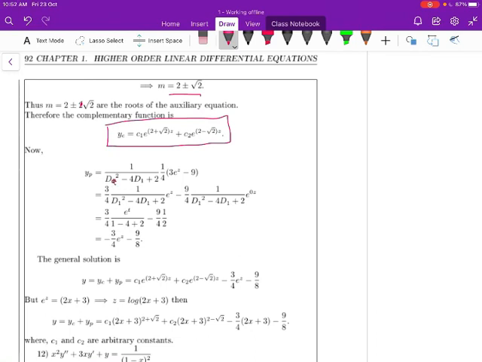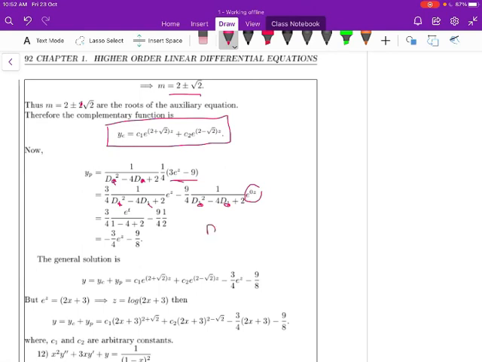Now let us move to the particular integral. Yp is equal to 1 by (D square minus 4D plus 2) into 1 by 4 into (3 e power z minus 9). Let us separate it: 3 by 4 into 1 by (D square minus 4D plus 2) into e power z, minus 9 by 4 into 1 by (D square minus 4D plus 2) into 1, where 1 is nothing but e power 0z.